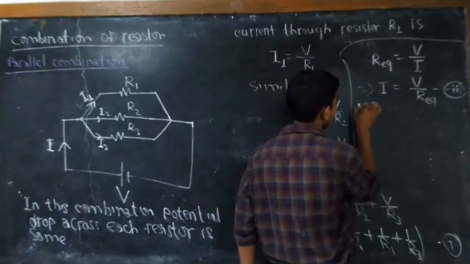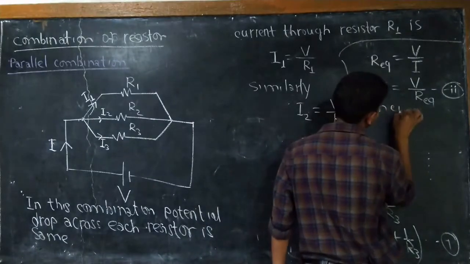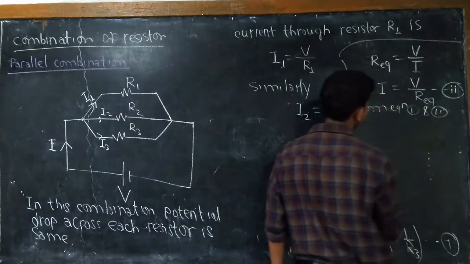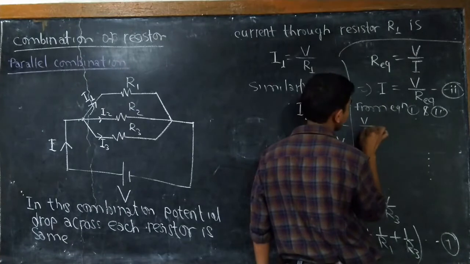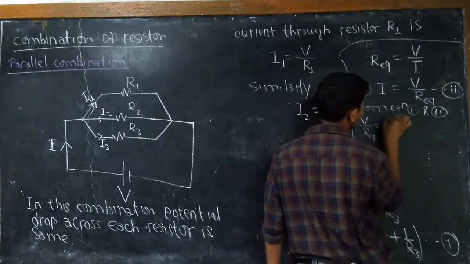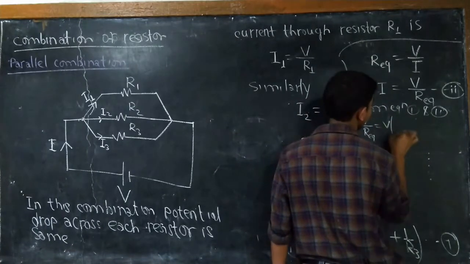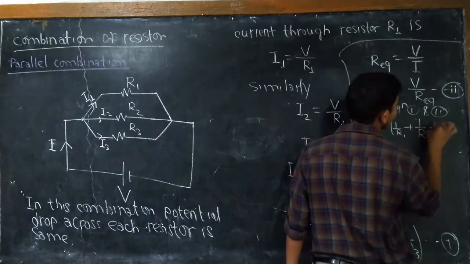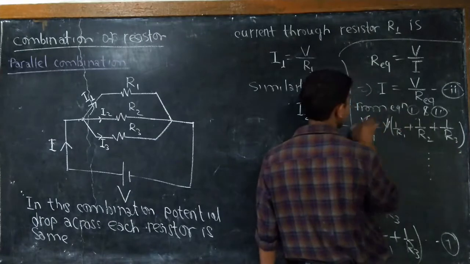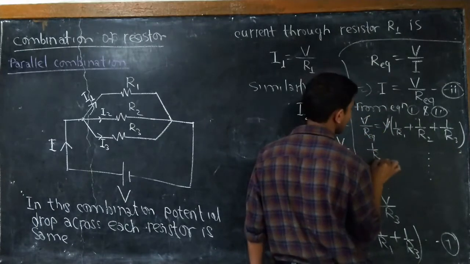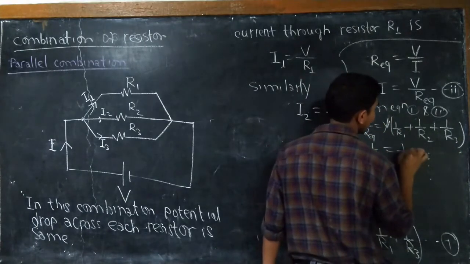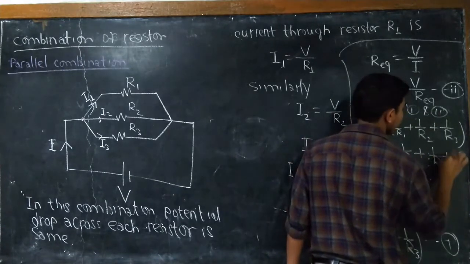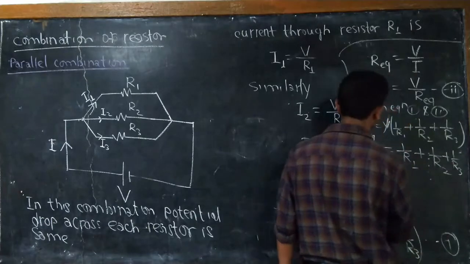So from equation 1 and 2, what formula will come? V by R equivalent is equal to V into 1 by R1 plus 1 by R2 plus 1 by R3. V cancels, so 1 by R equivalent is equal to 1 by R1 plus 1 by R2 plus 1 by R3.